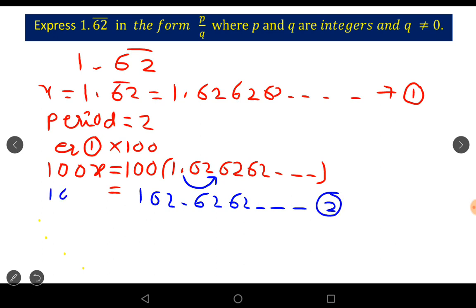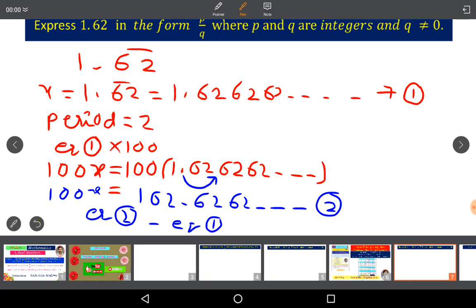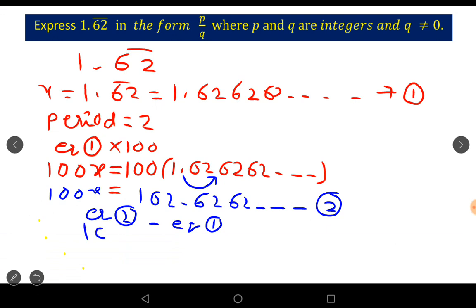This is 100x. Next step, equation 2 minus equation 1. So 100x on the left side, and on the right side 162.6262 and so on.